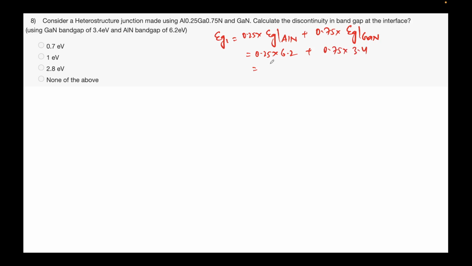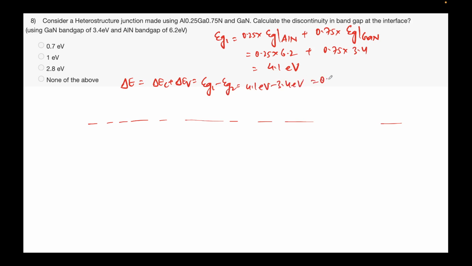I believe we have calculated this, it came out to be 4.1 eV. Okay, again the band gap discontinuity, which is nothing but delta EC plus delta EV, is the difference between the two band gaps. This is 4.1 eV minus 3.4 eV, which will be 0.7 eV.